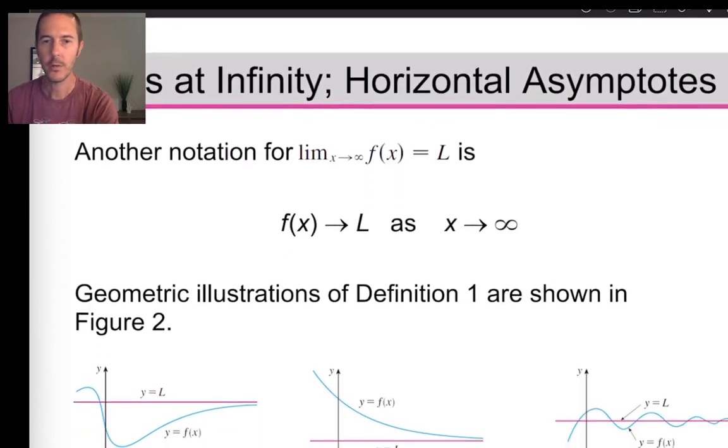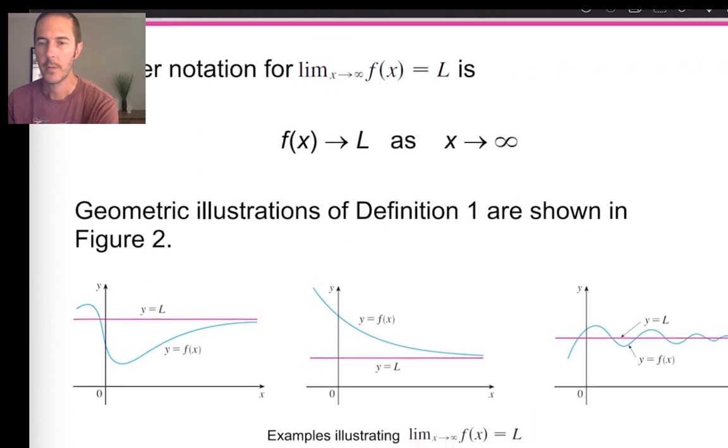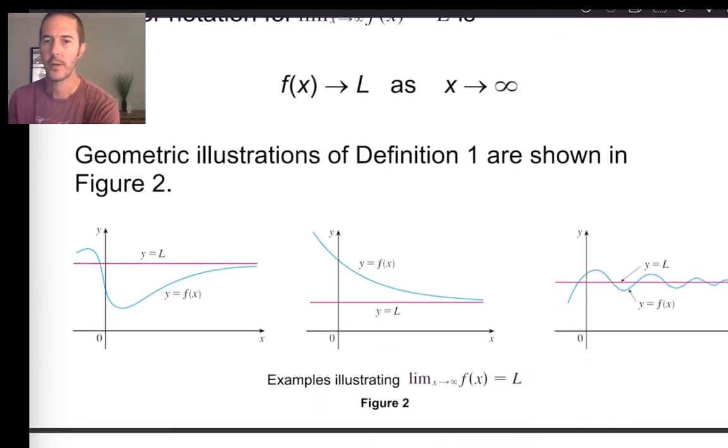Additional notation. This additional notation, or different notation I should say, is accompanied by some illustrations of graphs of functions that are approaching some particular y value, capital L, as x moves in the direction of positive infinity.